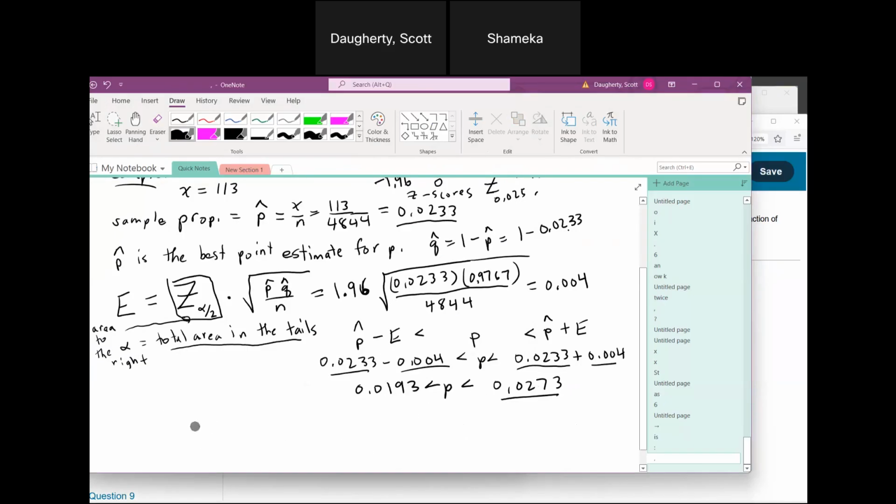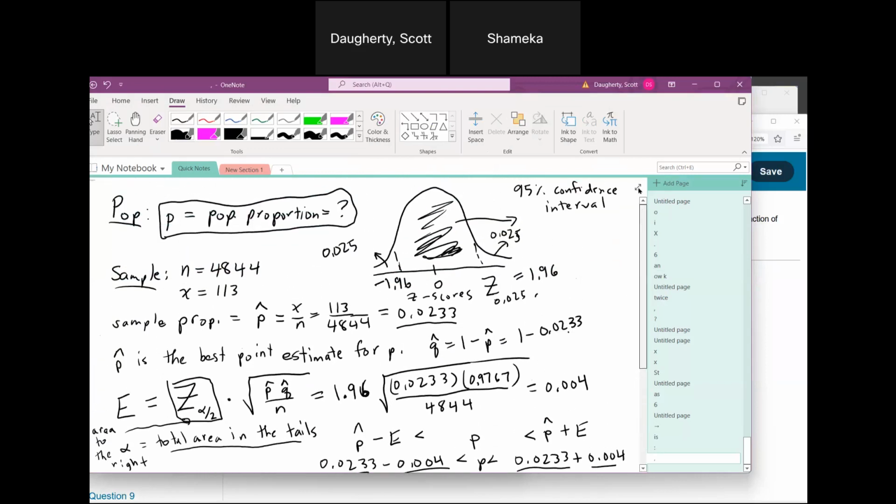The way we interpret this is we're 95% confident that the p that we're trying to estimate is somewhere between those two numbers. So that's how you find a confidence interval.